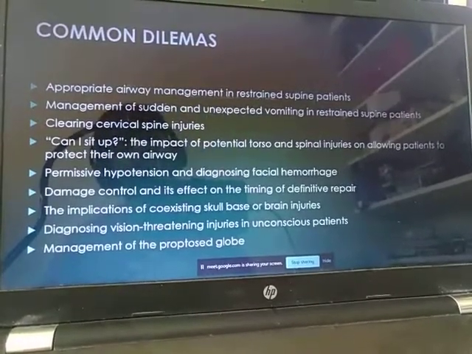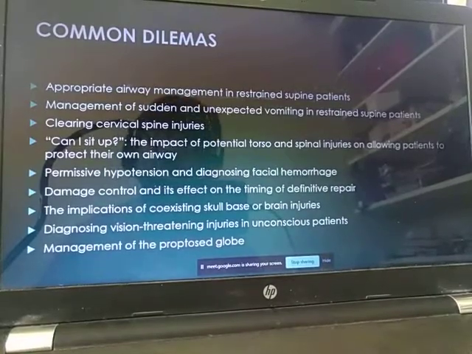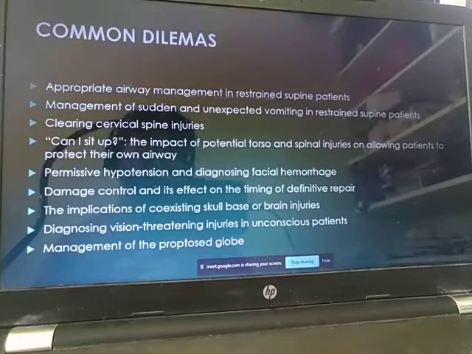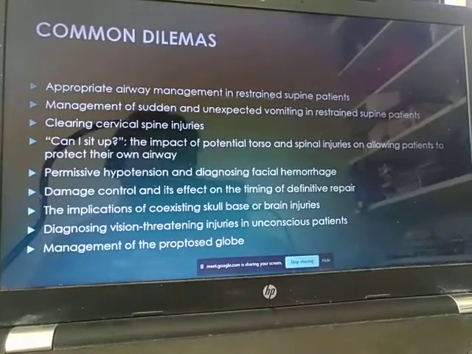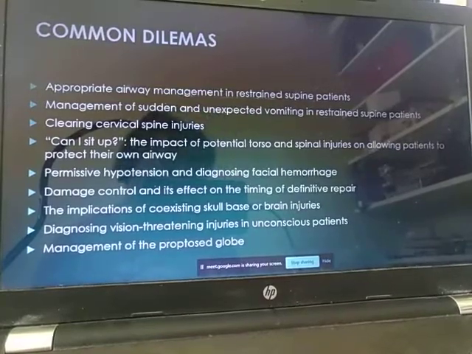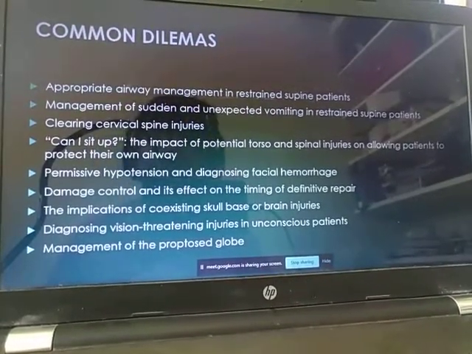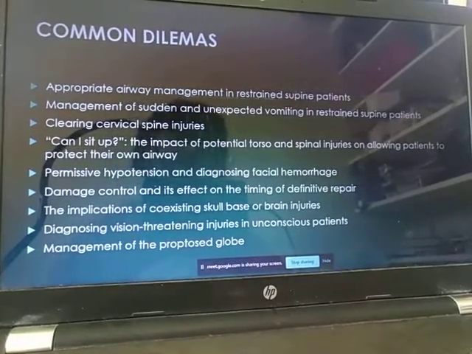Also, in case of severely intoxicated patients, the patient might flail around. So these patients also need to be restrained, and in these cases it is difficult to maintain patency of the airway, because in maintaining patency you need to do certain procedures which are very difficult if the patient is restrained like that. Then management of sudden and unexpected vomiting in restrained supine patients.